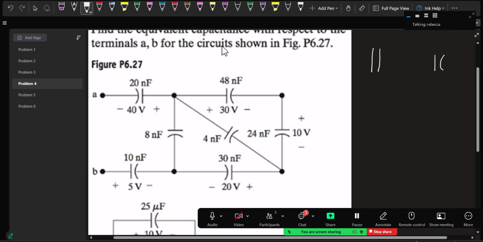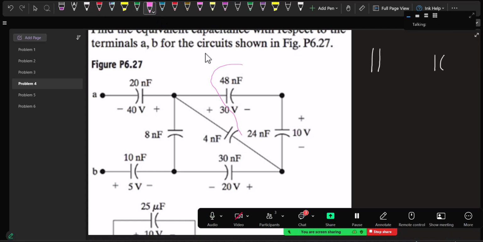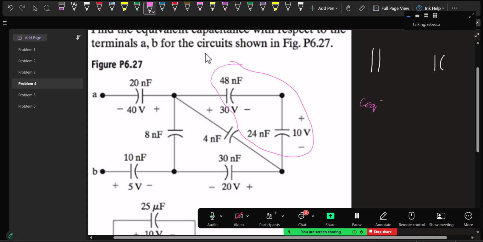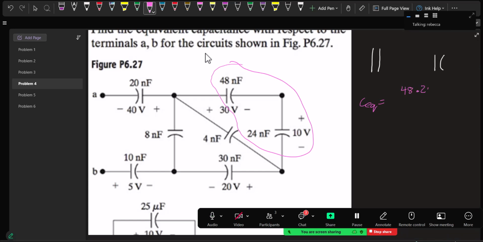So starting with these two, those are in series, so that means they add like resistors in parallel. Our equivalent capacitance for those two is 48 times 24 over 48 plus 24 nanofarads, which is 16 nanofarads.